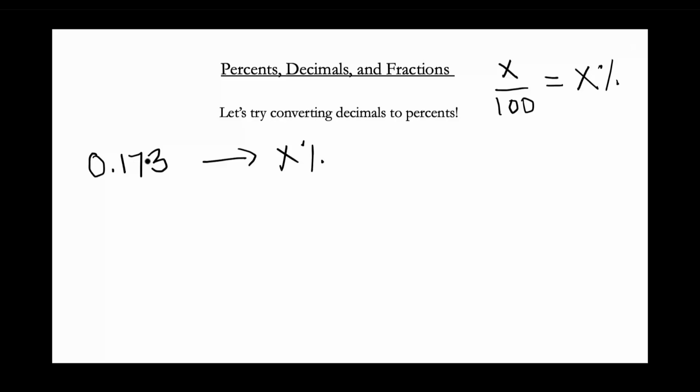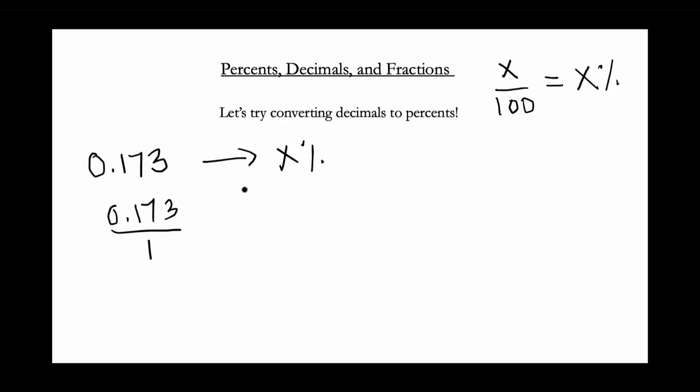So what we want to do is to get this decimal over or out of 100. And what we can do is rewrite 0.173 as 0.173 over 1. We're not changing the value, right? Anything divided by 1 is just itself.